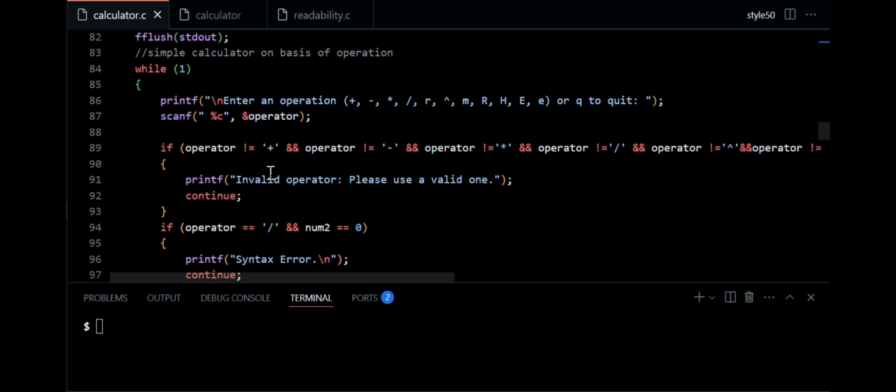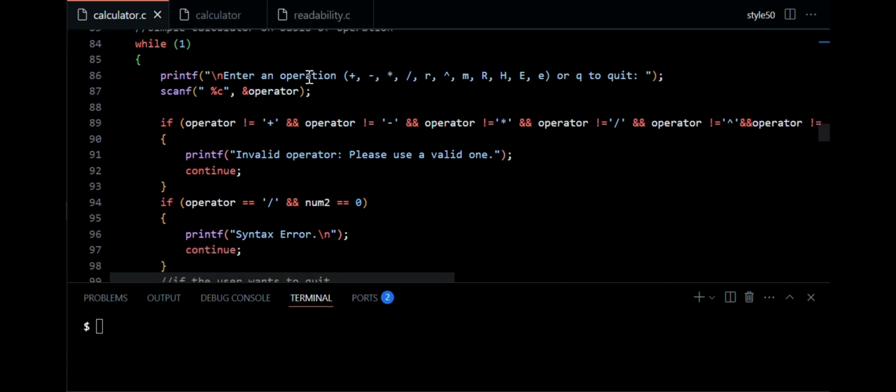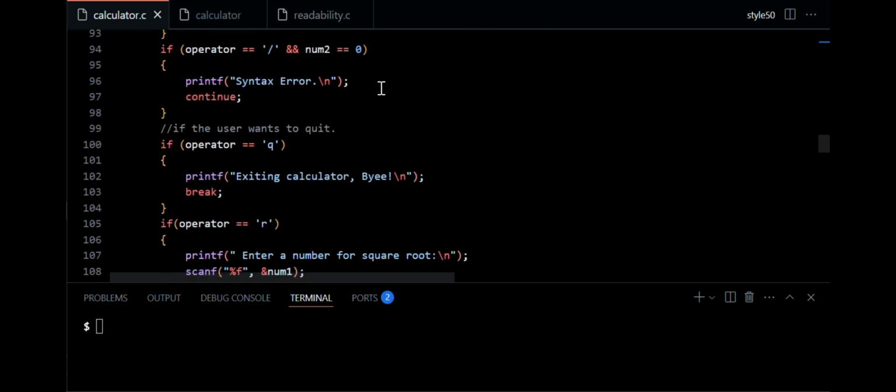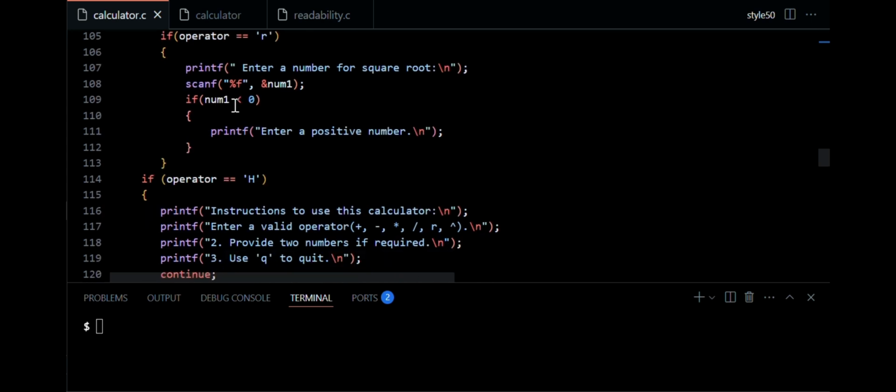As we go inside the main function, I used a while loop to choose the operation. So that's it, it's an easy, simple, basic one. For the square root, I asked the user to choose a positive number, as we cannot choose negative numbers for square root.